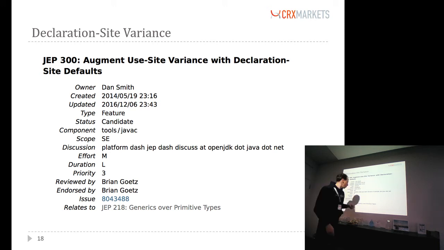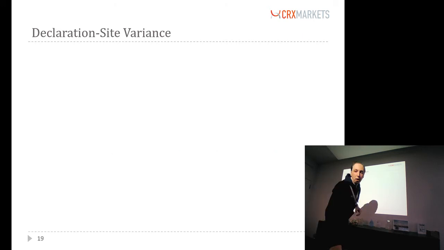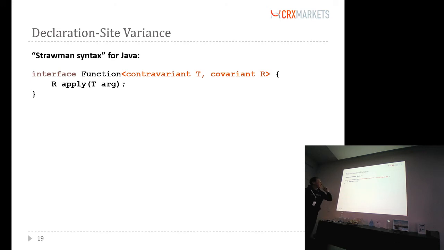There's an interesting related JEP, 218, which, oh, sorry, no. First, in this JEP about covariant and countervariant annotation, there's a strawman syntax for Java. How could it look like in Java? Well, this is Java. There are a lot of letters in Java, so let's call it countervariant and covariant. Well, you already write a lot of letters, so it won't make any difference.